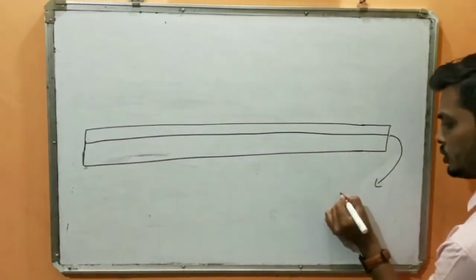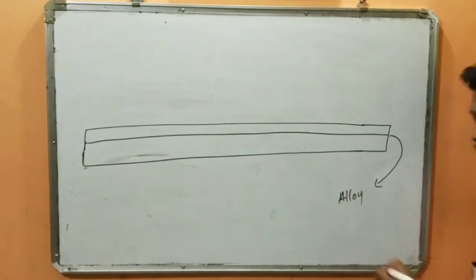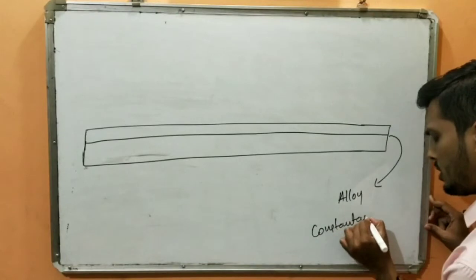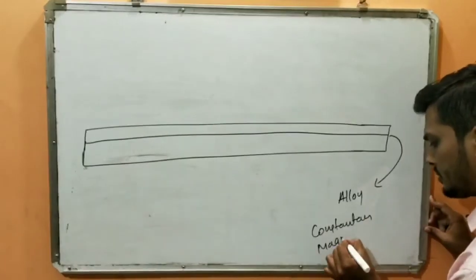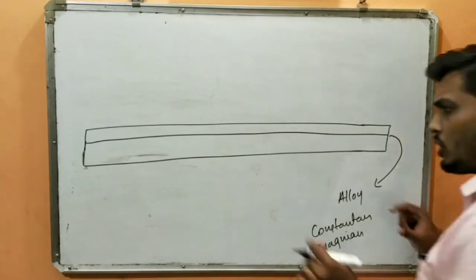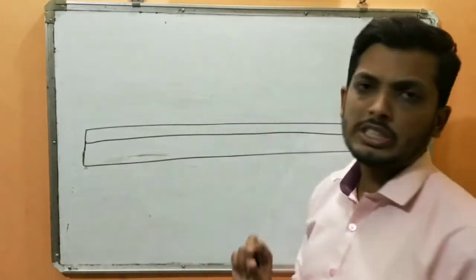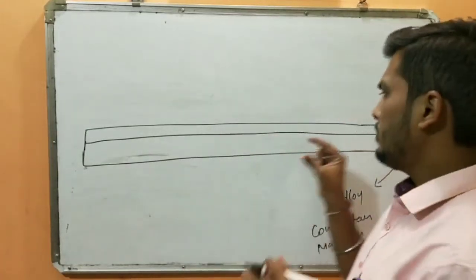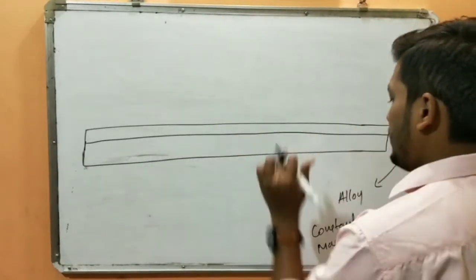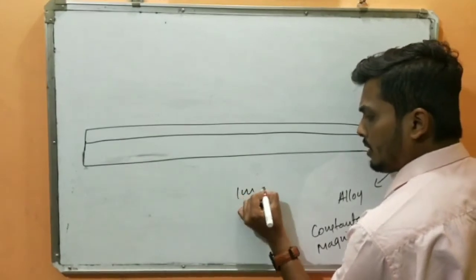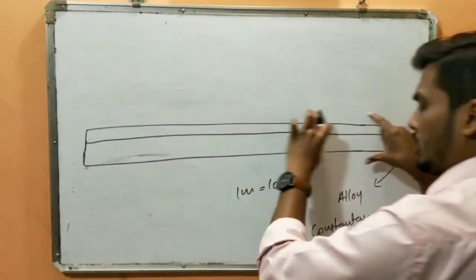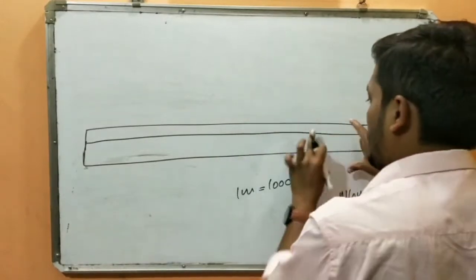Basically the wire should be an alloy of constantan or else manganin, this would work. The wire should be of uniform cross-sectional area, there should not be any variation in the area at any point. A wire of length 1 meter or 100 centimeters. There's a wooden block, not a cardboard block.